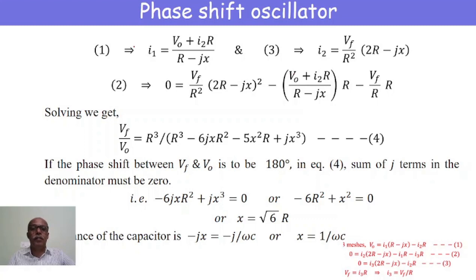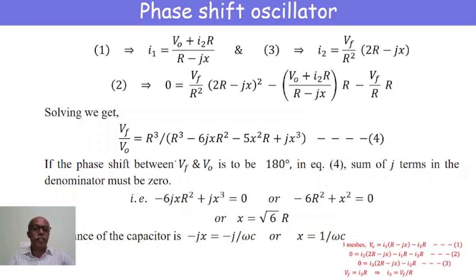Solving these three equations, we get Vf by V0 equals R cube divided by (R cube minus 6jX R square minus 5X square R plus jX cube). We call this equation 4.